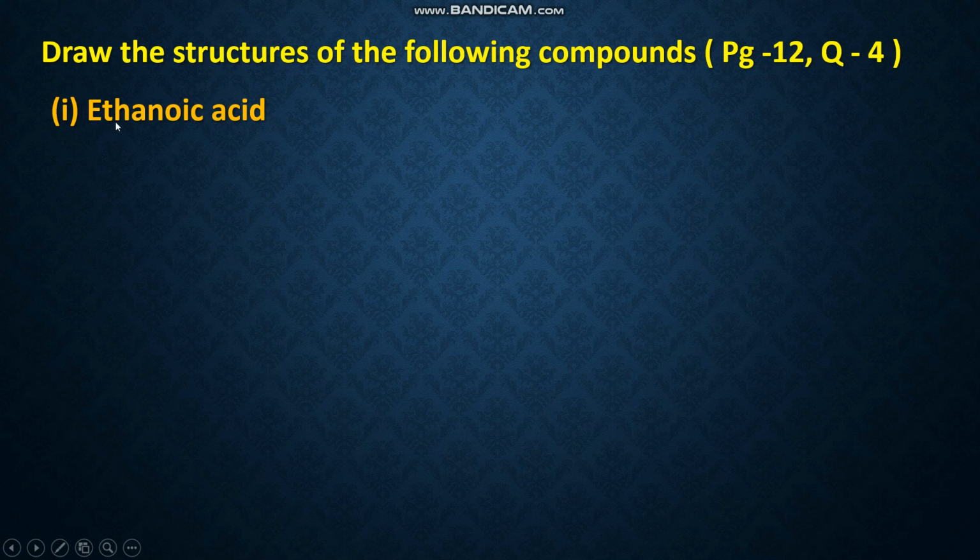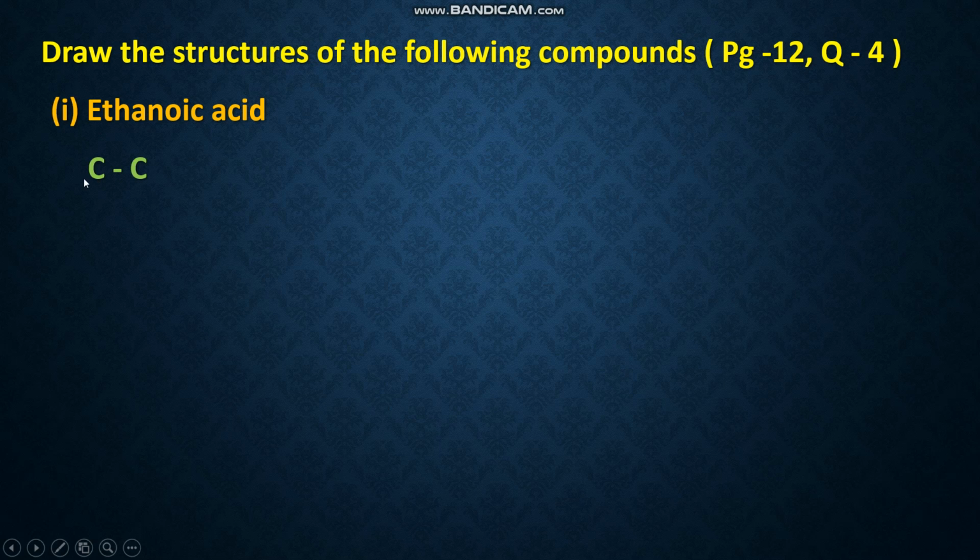So ethanoic acid: ethane is replaced by oic acid. As the name is oic acid, you can understand a carboxylic acid group is present here. The functional group present is carboxylic acid or COOH. And from the name ethanoic acid, it is a derivative of ethane, so we can understand 2 carbon atoms are present.